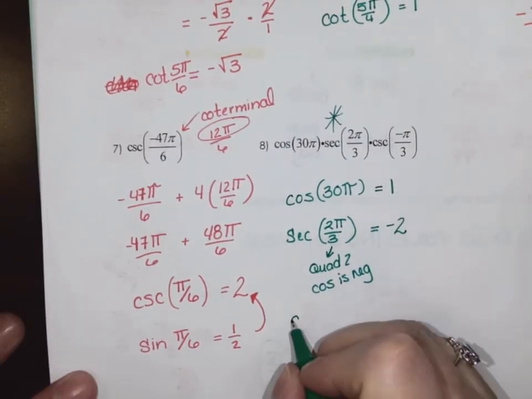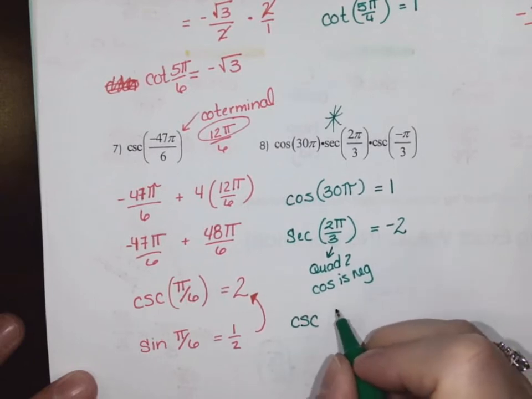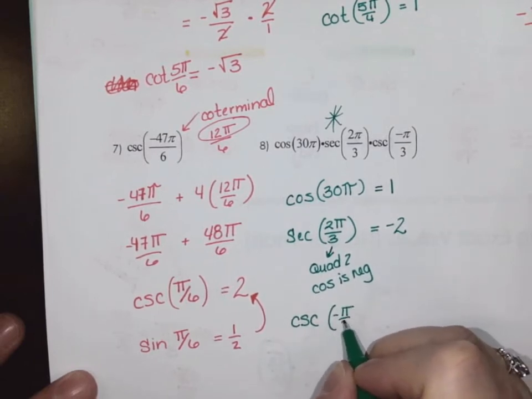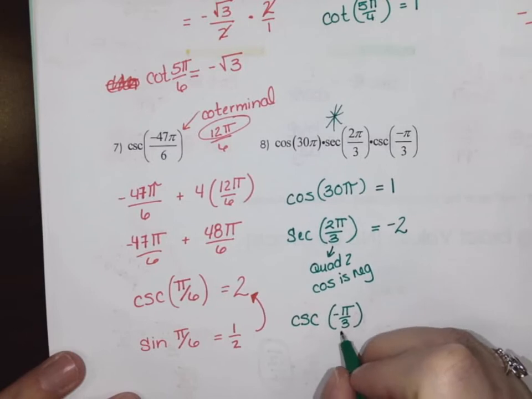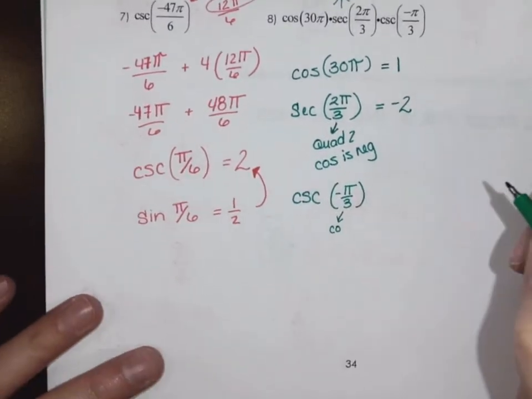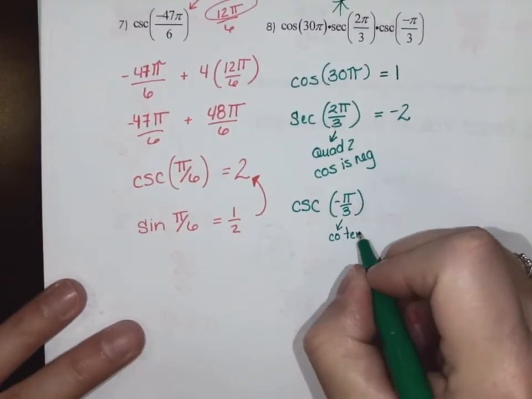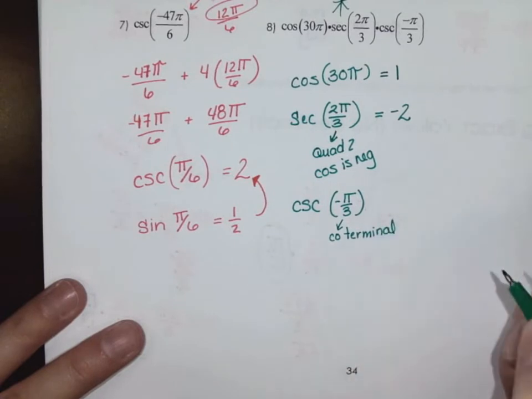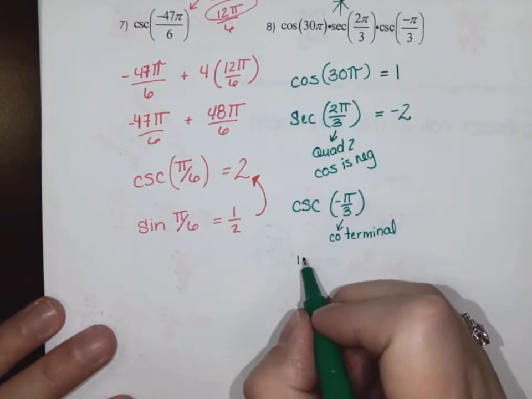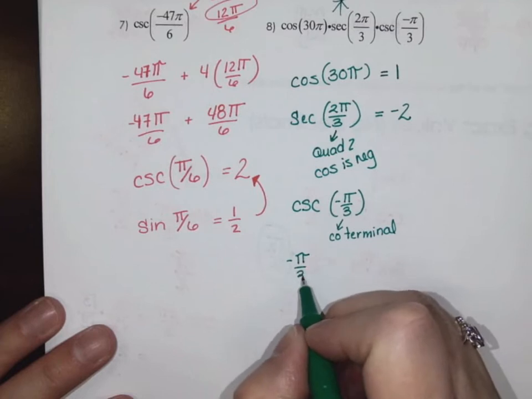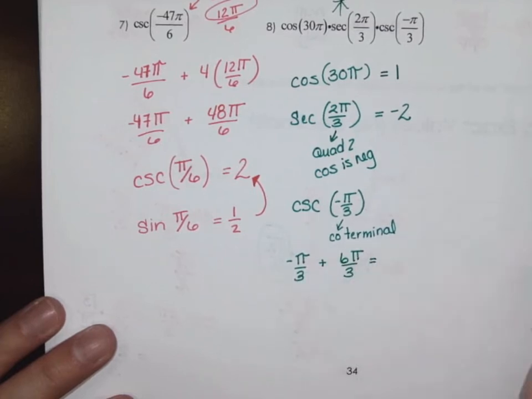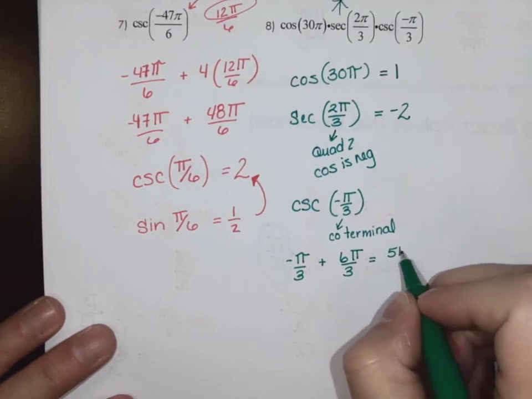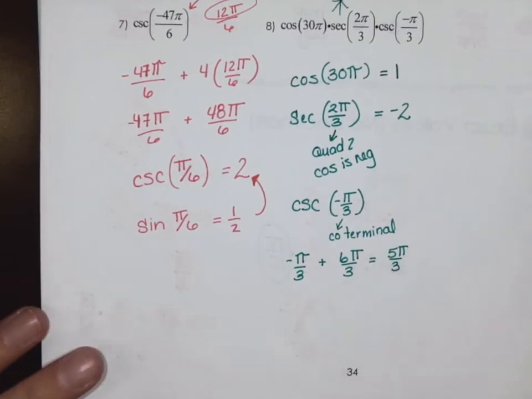Now we're going to do cosecant of negative pi over 3. What's the first thing I do with that negative? I'm going to find a coterminal angle: negative pi over 3 plus 6 pi over 3 leaves me at 5 pi over 3.